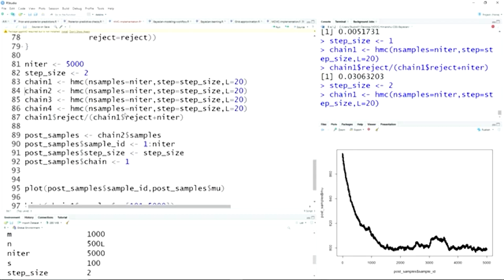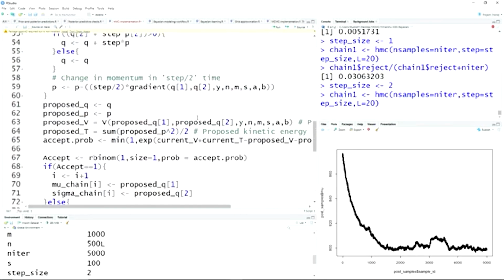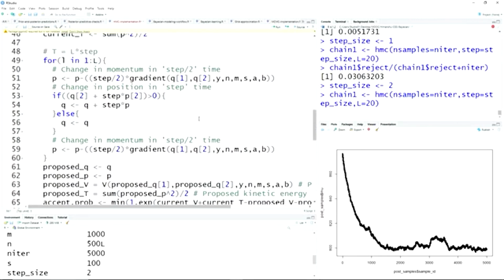It is taking time. See, the sampler is taking time. Let us see how much. Okay, perhaps it is again getting stuck somewhere.